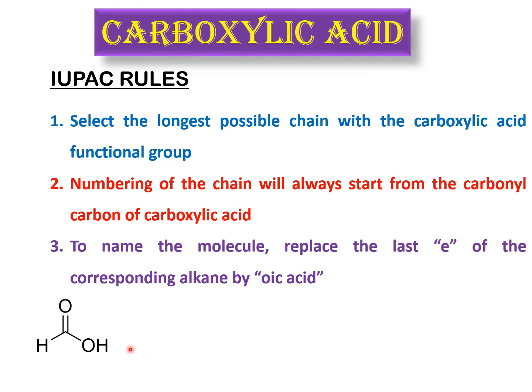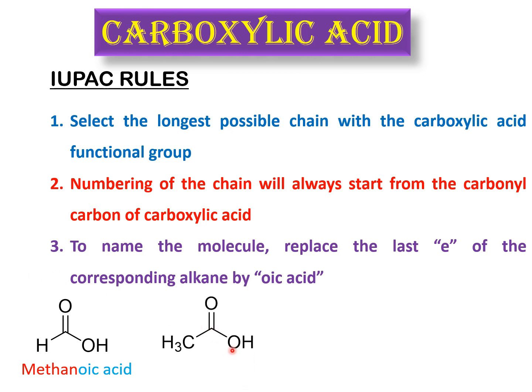Like you can see here, we have one carbon atom in this molecule. A carboxylic acid functionality is there. So a one carbon alkane is named as methane, and so the last E of methane is replaced by oic acid, making it methanoic acid. Its common name is formic acid.